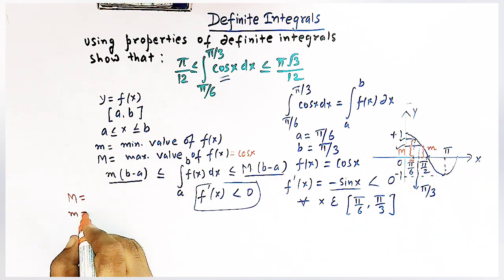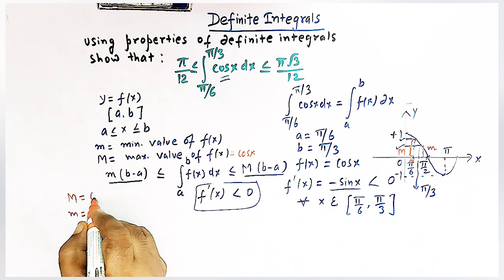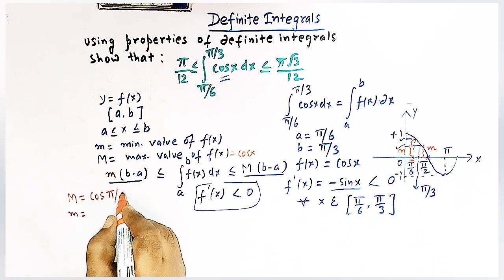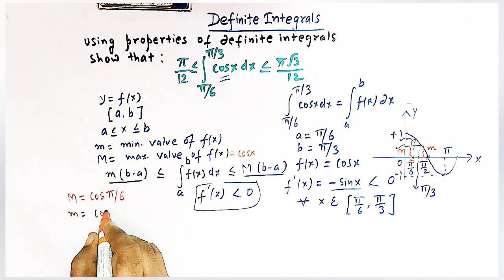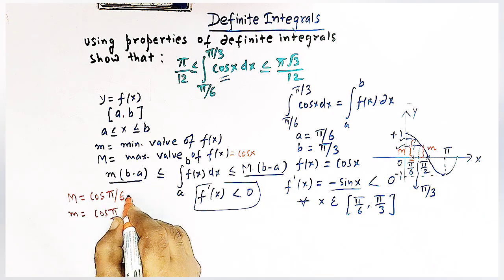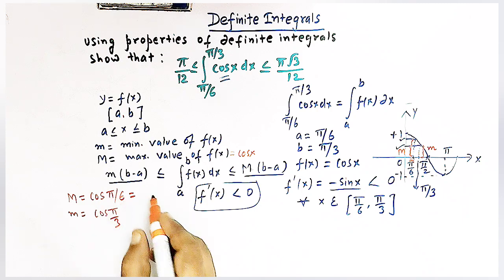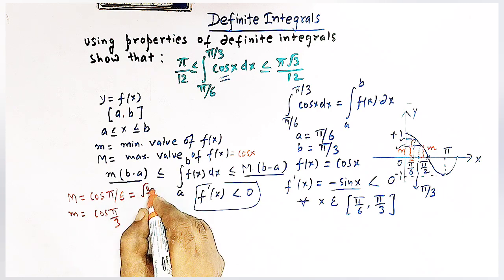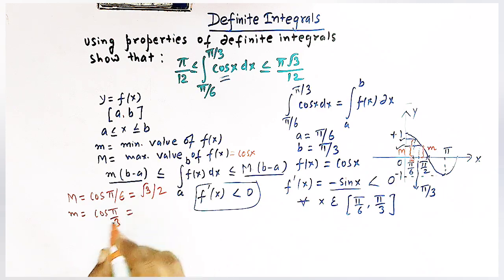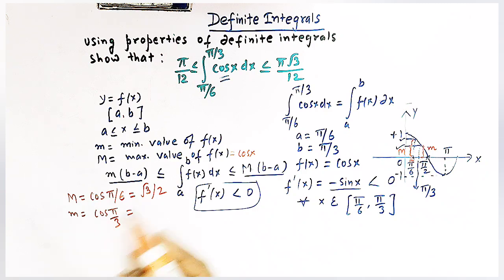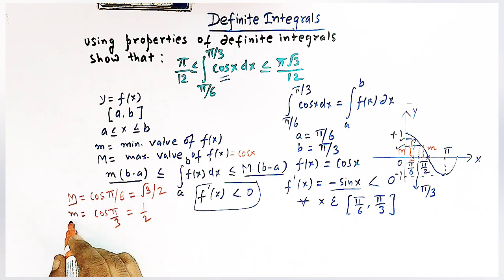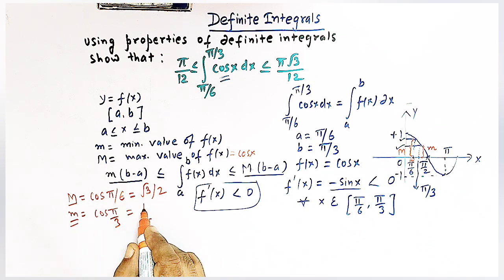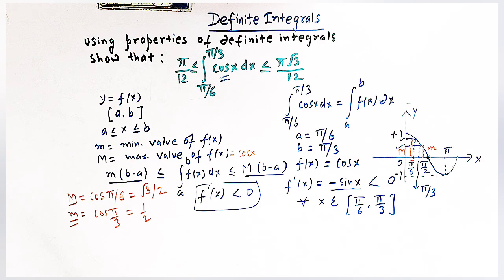So capital M is given by cos pi by 6, and small m is given by cos pi by 3. This is cos 30 degrees, which is square root of 3 over 2, and cos pi by 3 is cos 60 degrees, which is equal to half, right? So capital M is root 3 over 2, and small m is equal to half.